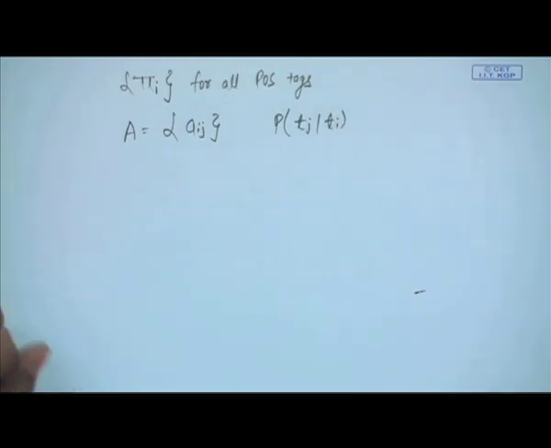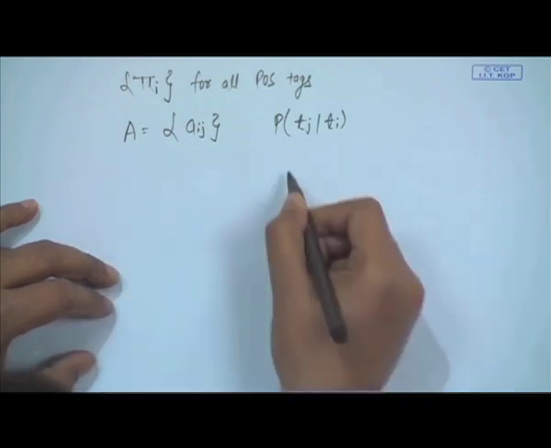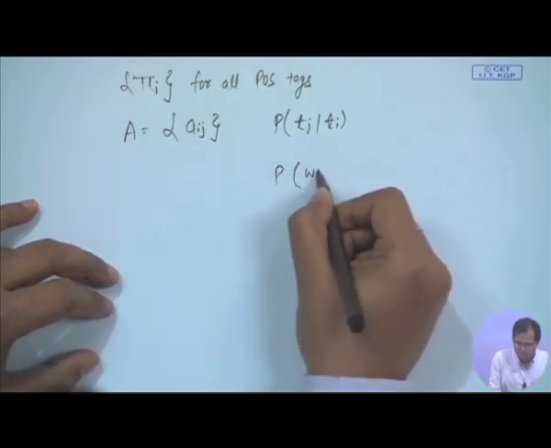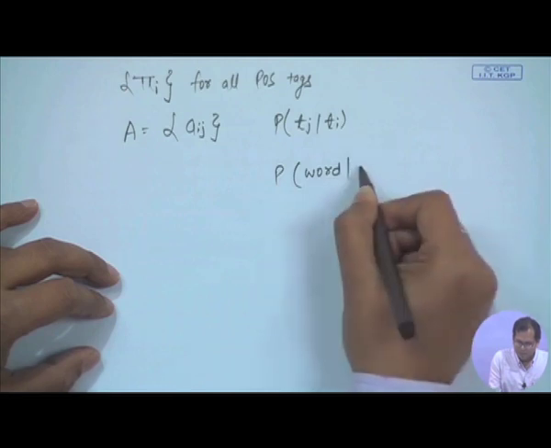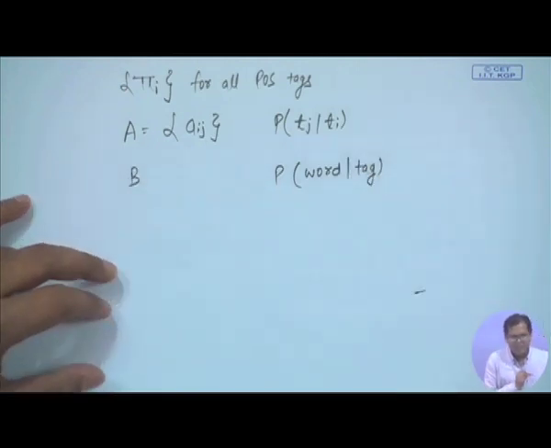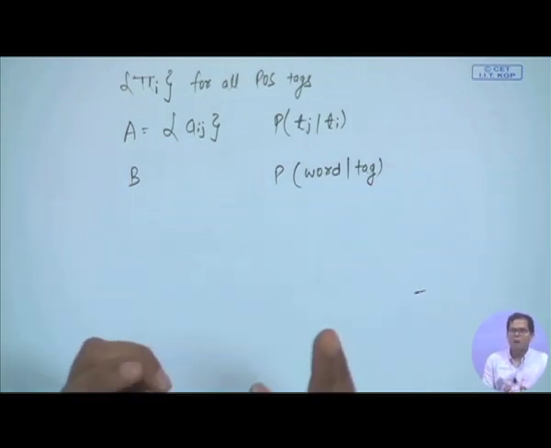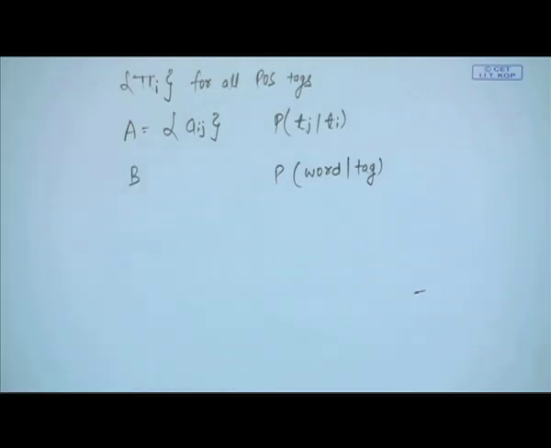And I need my emission probabilities, that is, the probability of a word given a tag, which we can represent using a matrix B. So I need all these three probabilities to actually use the Viterbi decoding algorithm at runtime. If I do not have these probabilities, I cannot use Viterbi decoding.